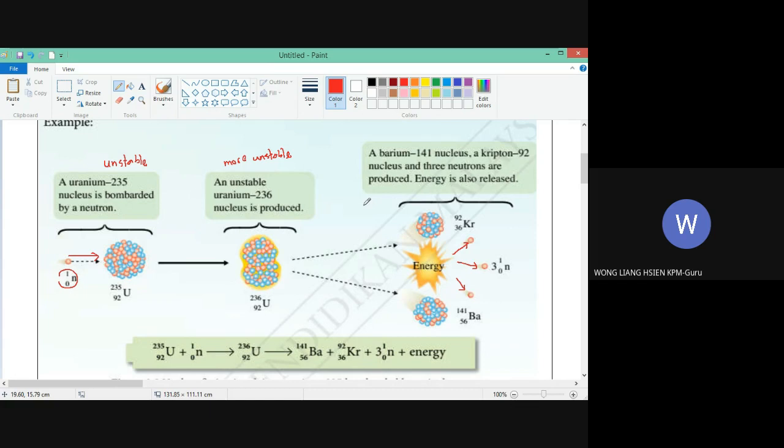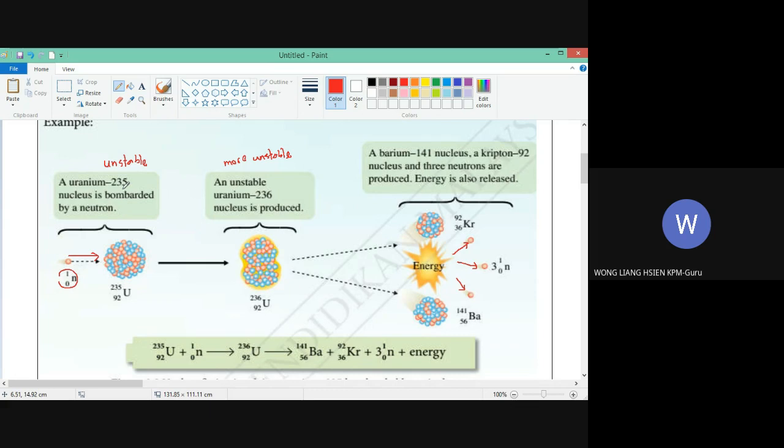Of course, this nuclear fission not only can happen to uranium-235, it can also happen to other kinds of unstable nuclei. But why do we use uranium-235 here? Because uranium-235 is a very big nucleus. You see the nucleon number is 235, so the number of protons and neutrons added together is 235.